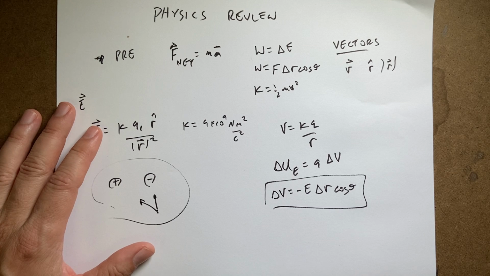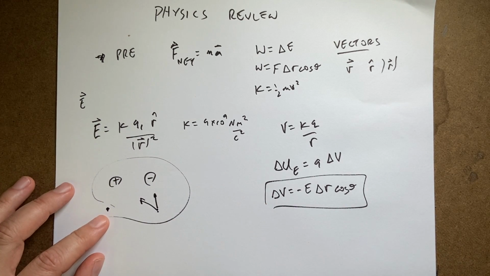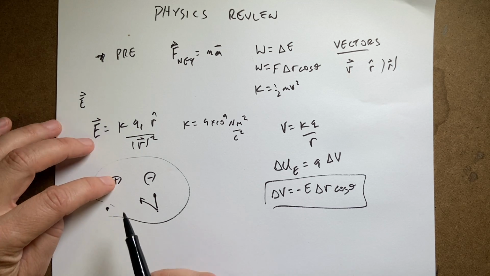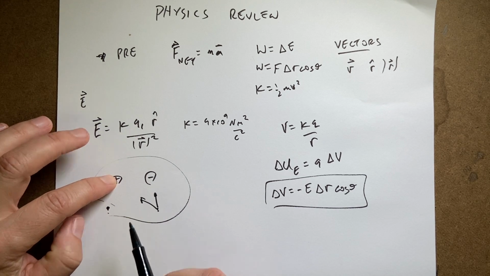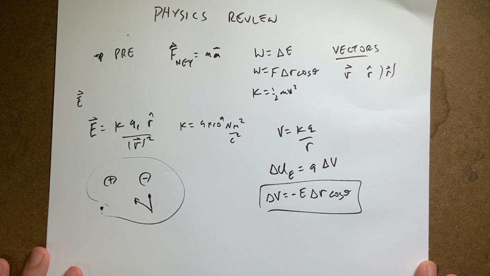That's important. If you have multiple point charges, the potential also obeys the superposition principle. So the electric potential here is the potential due to that plus the potential due to that. But it's a scalar, so you can add them up as scalars. That makes things a little bit easier.